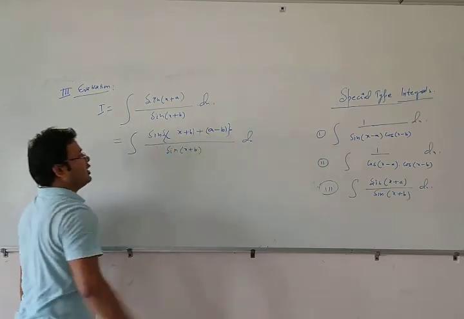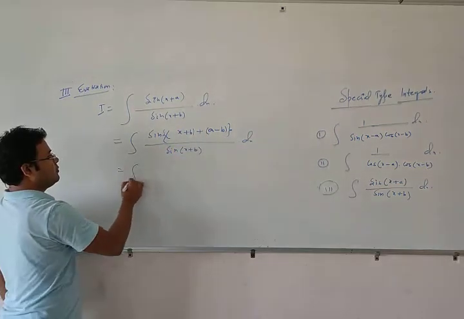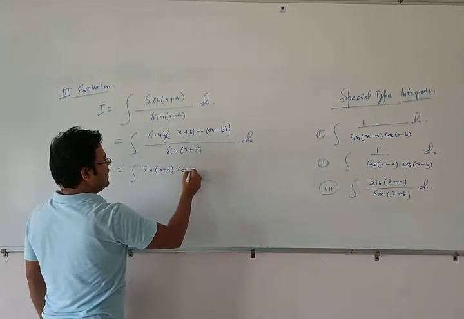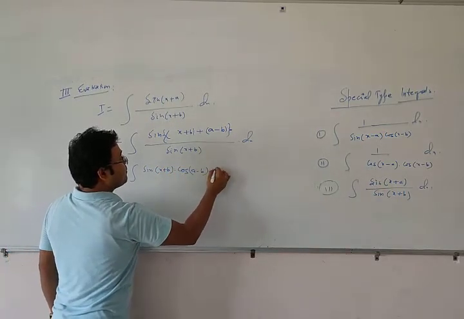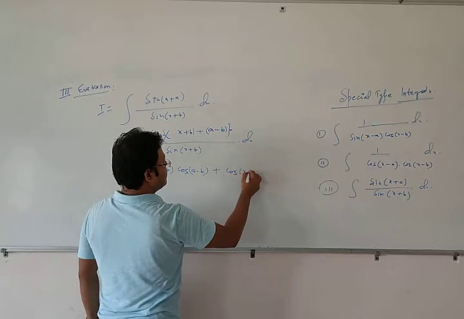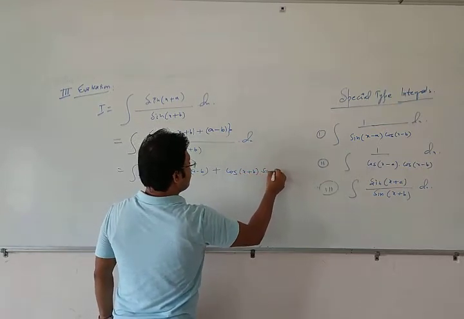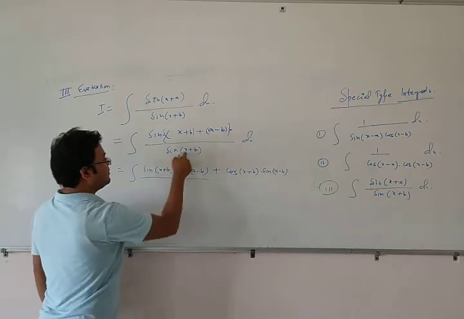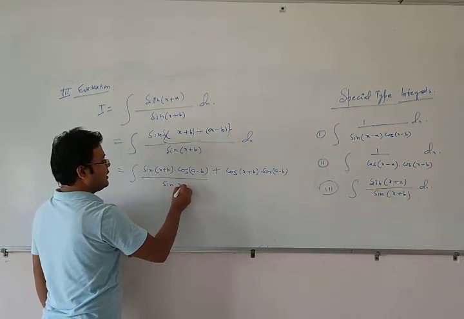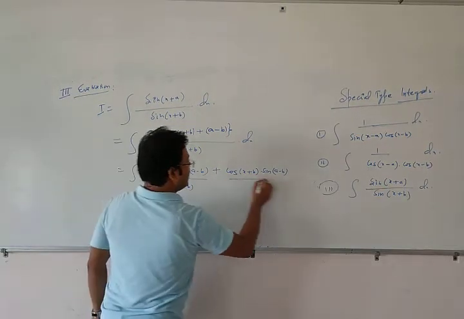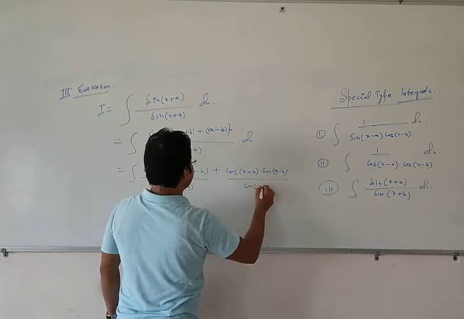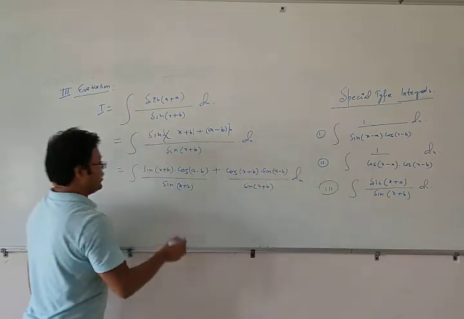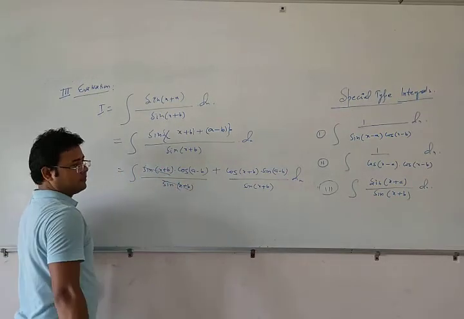You can use the formula of sin(a plus b). Sin(x plus b) times cos(a minus b) plus cos(x plus b) times sin(a minus b), divided by sin(x plus b), and here also sin(x plus b), dx. You can cancel out this term.